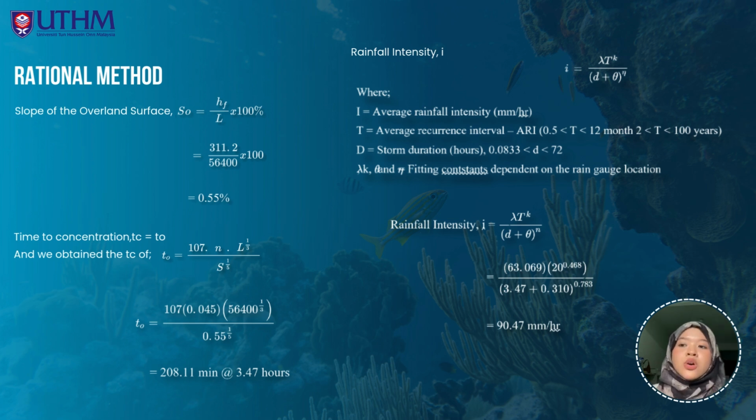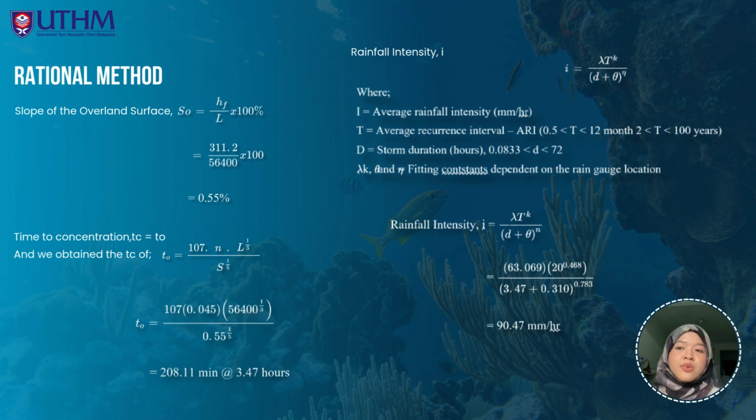The equation for TO is 107 multiplied by N multiplied by L to the power of 1 over 3, divided by S to the power of 1 over 3. The answer that we will get for TC equals TO is 208.11 minutes or 3.47 hours.